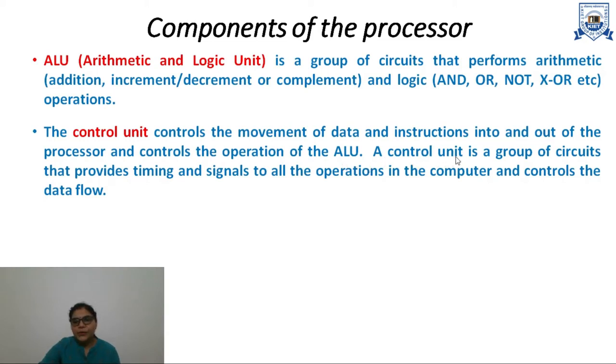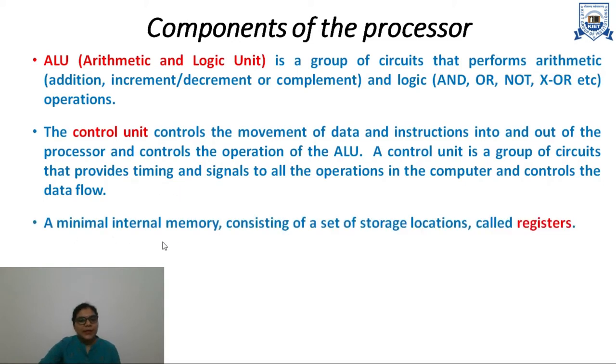A control unit is a group of circuits that provides timing and control signals to all the operations in a computer and controls the data flow. As we studied earlier, the control unit controls the operation of all the modules by providing timing and control signals.